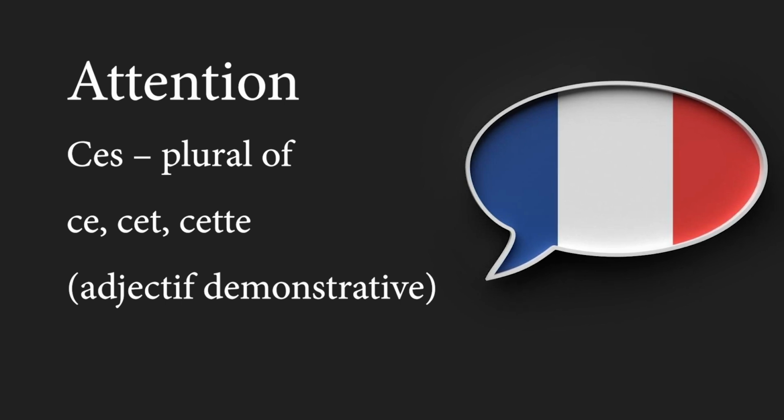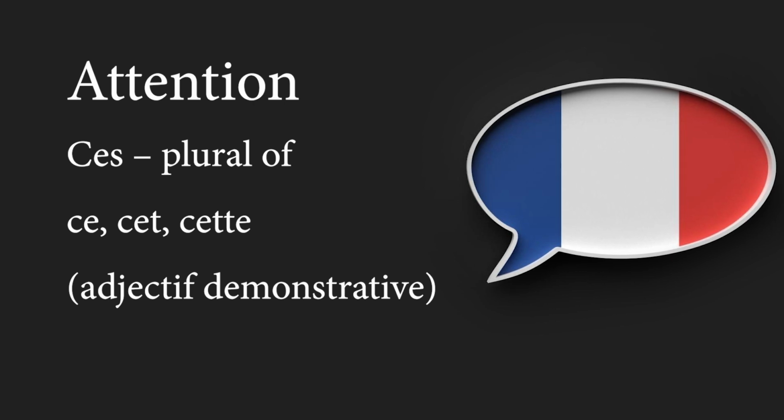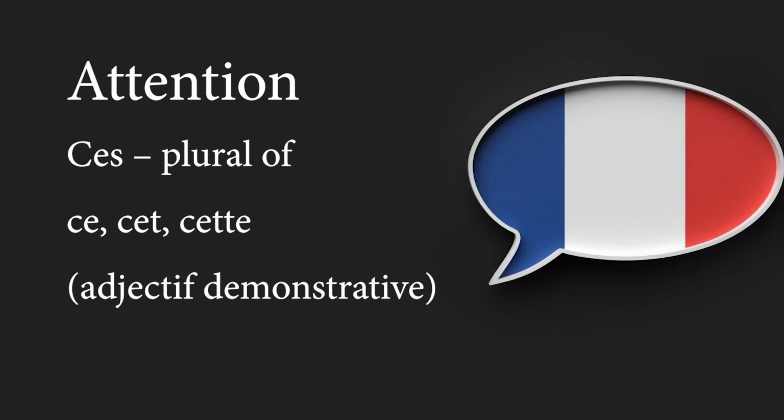These are the demonstrative adjectives. You kind of demonstrate this. Ce livre means this book. Cette école means this school. Cette chemise means this shirt.